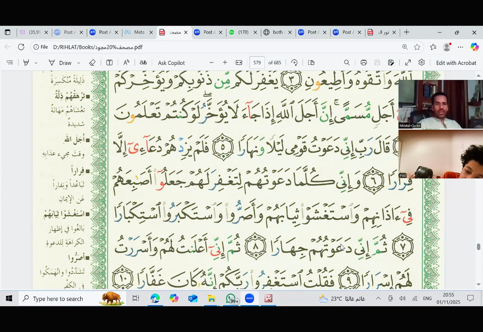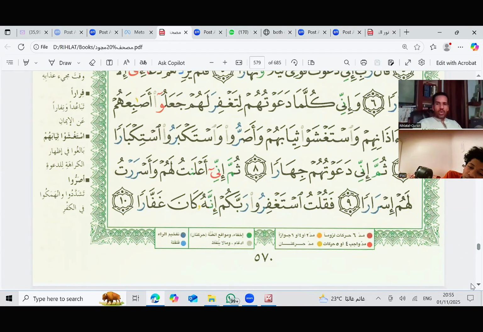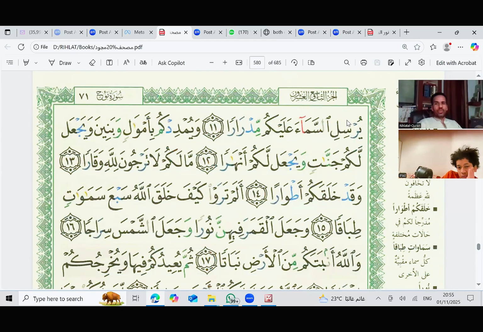And then Allah subhanahu wa ta'ala says that Noah asked his people to make istighfar. فقلت استغفروا ربكم إنه كان غفارا. What are the benefits of istighfar according to Surah Nuh? يرسل السماء عليكم مدرارا. Allah will increase your provision if you make istighfar.